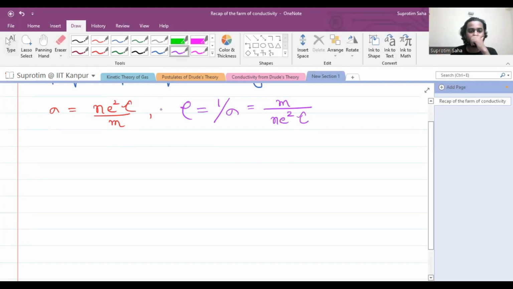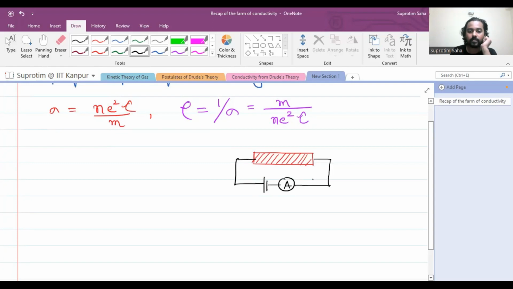Let's just say that you are doing an IV measurement. So you have a sample, you send in current across it. This is the current direction, and you measure the voltage drop across the sample.